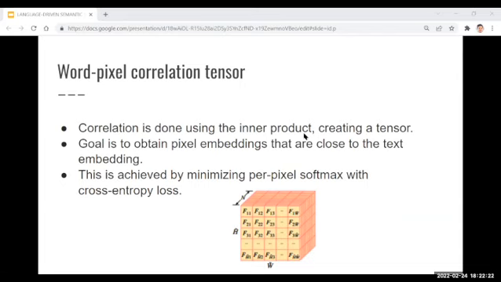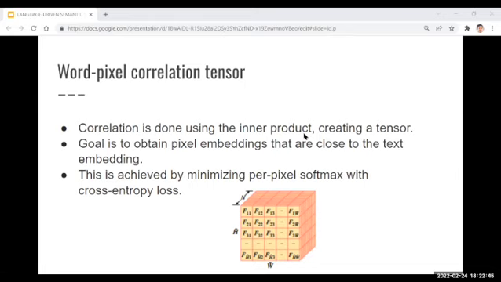After the image and the labels are embedded, correlation is done using the inner product, creating a tensor, right? During training, the image encoder is encouraged to provide pixel embeddings that are close to the text embedding for a particular class.